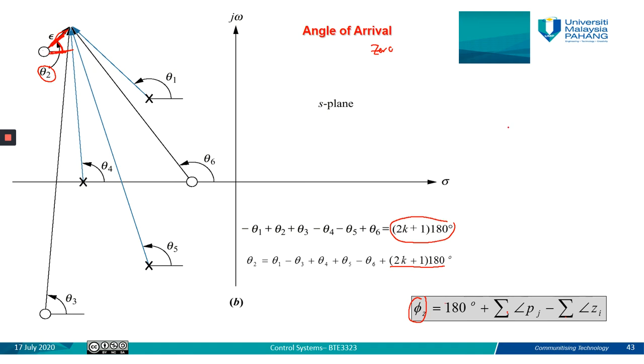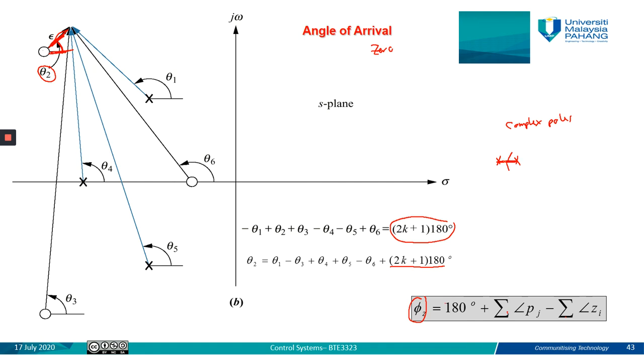Both arrival angle and departure angle are related to complex poles and zeros only. If you do not have complex poles in your transfer function, no need to calculate the angle of arrival and angle of departure. If you do not have two poles on the real axis without any zeros between them, no need to find the breakaway and break-in points.